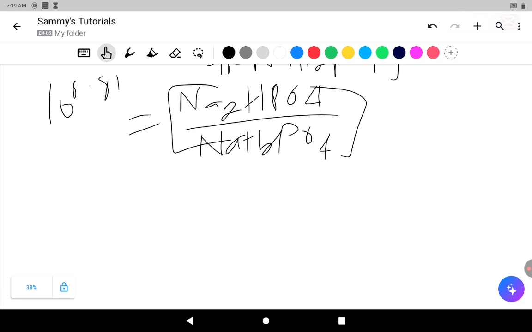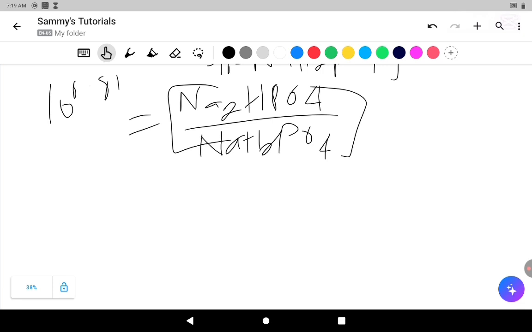10 raised to the power of 0.81 is what? I think it's around 6.45.